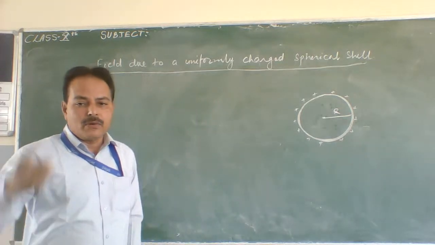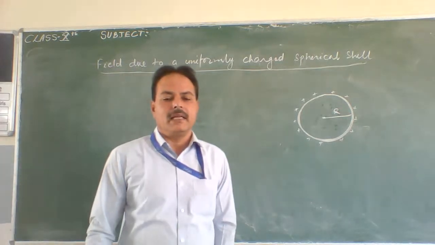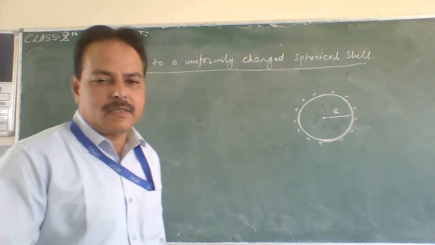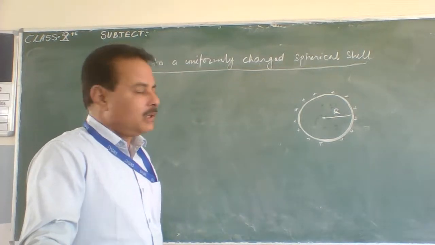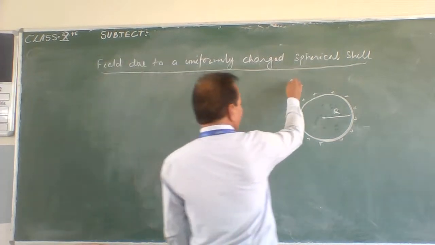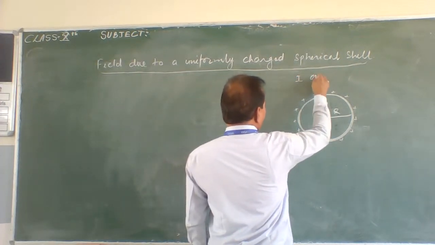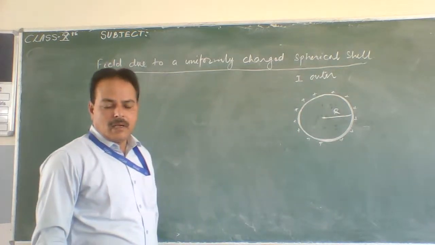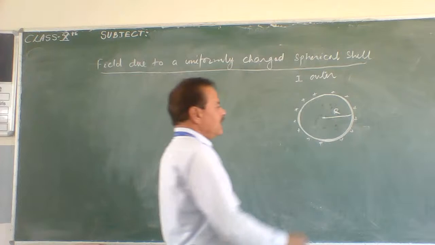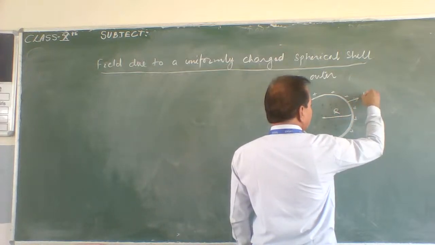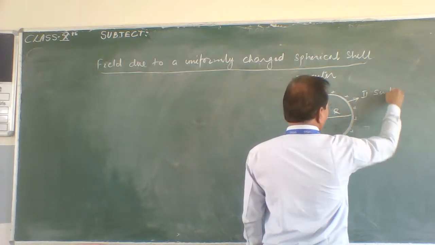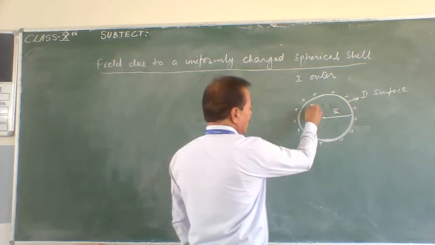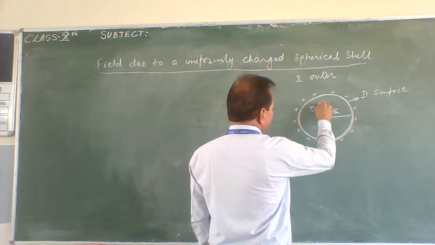Okay. Now if you see this spherical shell, three areas or three zones of this spherical shell are clear to you by the picture. First one is this one, outer. Second one is surface, and third one is inside.